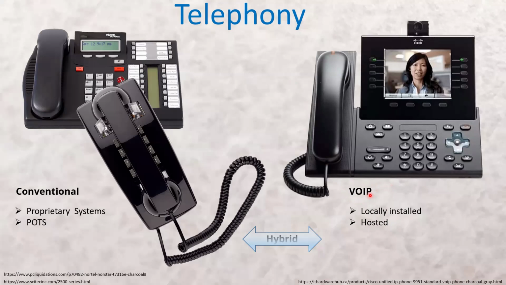There are way more possibilities with VoIP, and there's a lot of money saving going on while bigger companies switch to VoIP. Right? And there's also a little double-headed arrow here, which is hybrid, because sometimes you can still have a well-working system installed, nothing wrong with it, but you don't want to pay the POTS fees of telephone line charges.